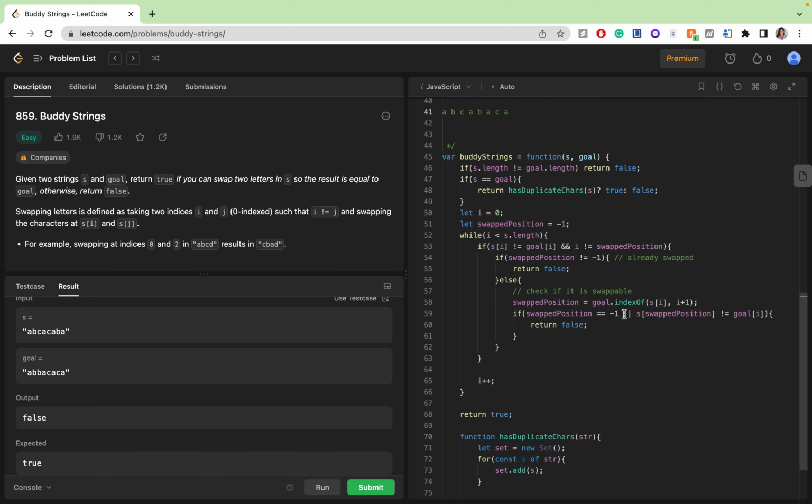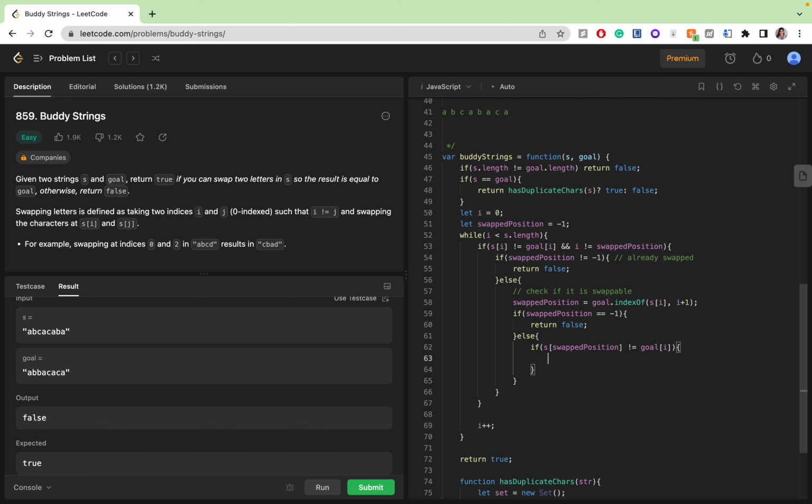If swap position is equal to -1, then I should return false immediately. But if swap position is not equal to goal[i], then maybe I should try to find another position.